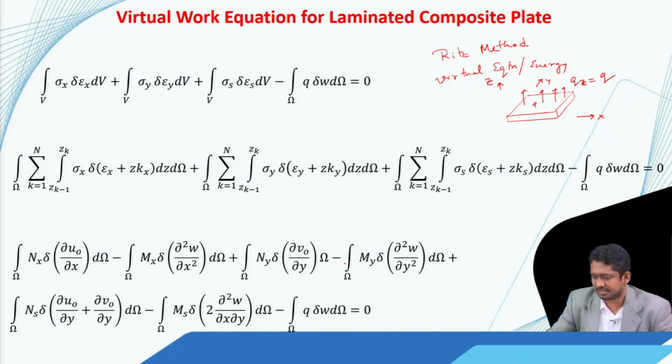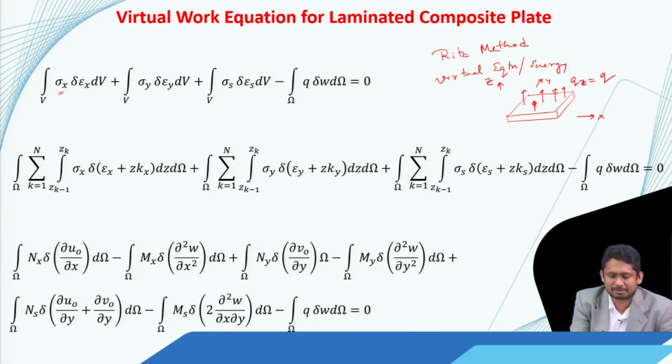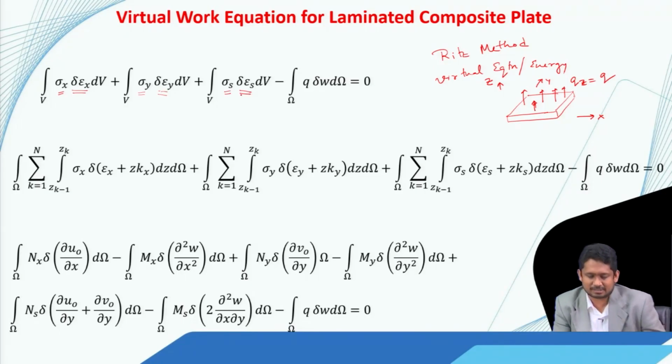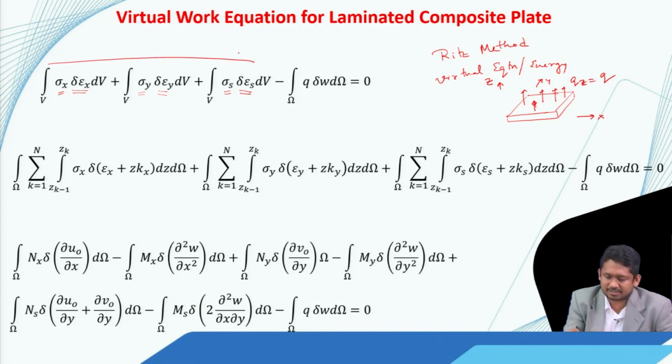Now, we know that the virtual work principle says total internal virtual work is equal to total external virtual work, and internal virtual work means stress multiplied by the virtual strain. Here there are three non-zero stress components. So, there are three components of virtual work: sigma x multiplied by delta epsilon x, then sigma y multiplied by delta epsilon y, and then sigma s multiplied by delta epsilon s.